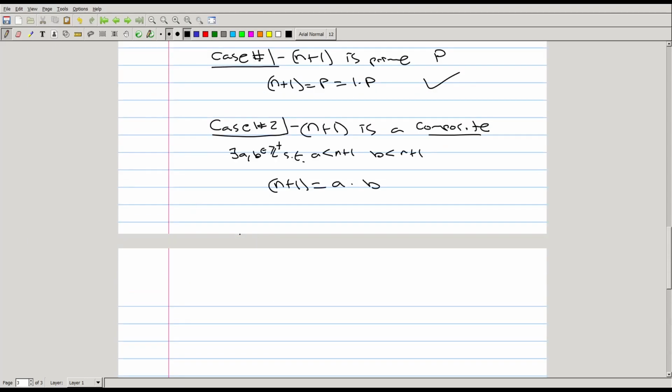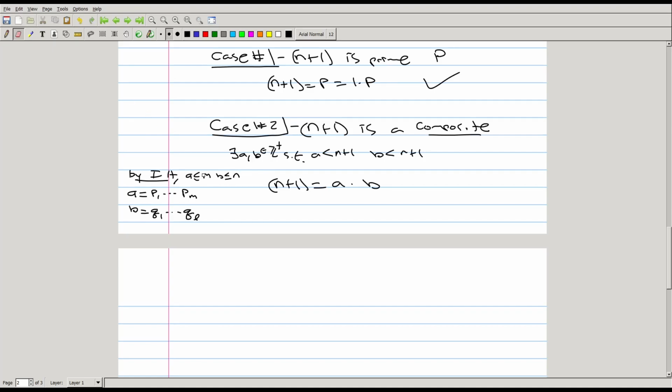But by the inductive hypothesis, a is equal to p1 times up to pm, and b is equal to q1 all the way up to ql, for primes p and q, because a is less than or equal to n and b is less than or equal to n.